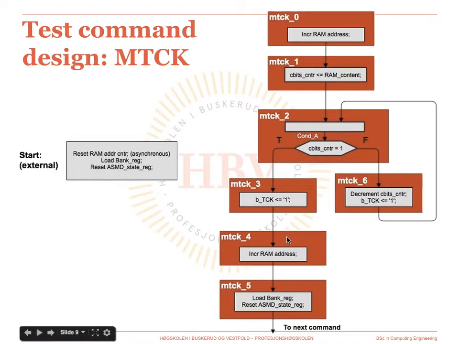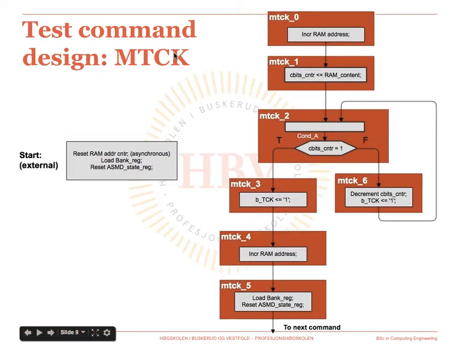What you need to do now is to design the ASMD chart detailing the sequence of operations that correspond to each test command. In this slide, I illustrate this process through the example of the MTCK, or multiple test clocks, command.